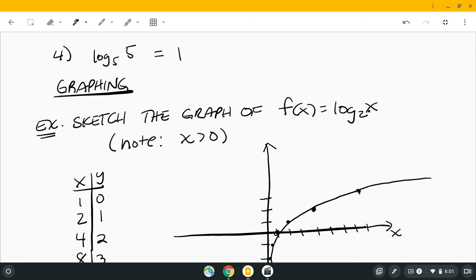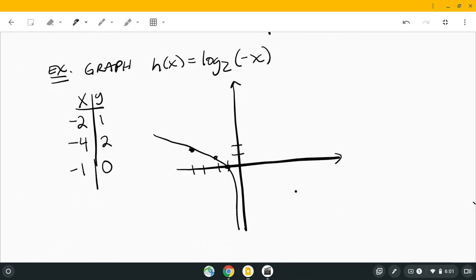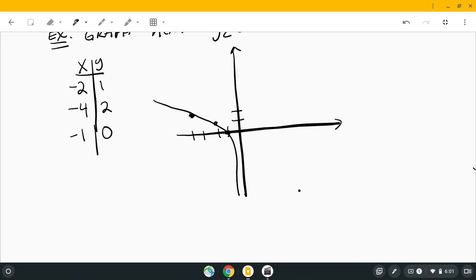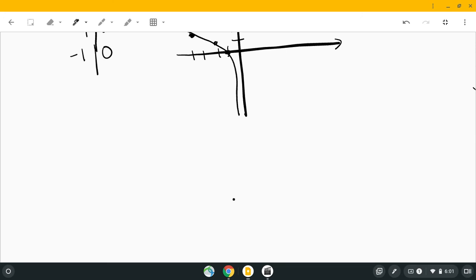If I multiply the x by a negative, it reflects over the y-axis, which it does over here. So the idea of reflections, because things are being multiplied by a negative, still holds.